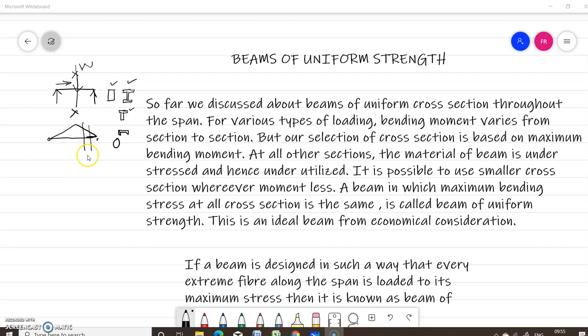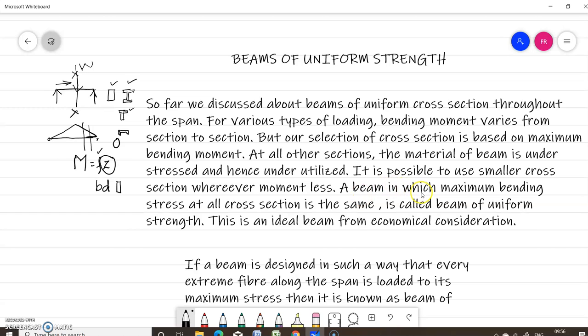You know the equation for bending moment as M equal to F into Z. F will be constant. So in order to make this M equal for all the sections, we can change the value of Z. How can we change the value of Z? By changing breadth or depth in the case of a rectangular cross section. This type of beam is known as a beam of uniform strength.